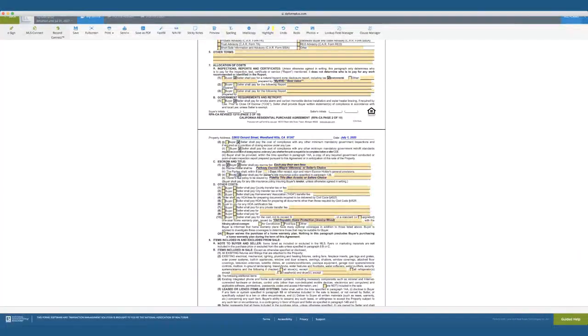And then the seller to pay for the title. We're going to have the seller pay for the county and city taxes. If it's an HOA, they would pay for these fees. And I always check under private transfer fees that the seller will pay if applicable.